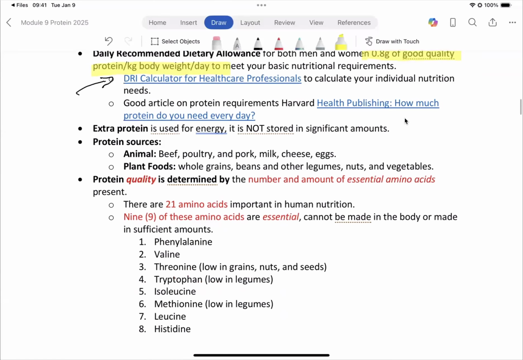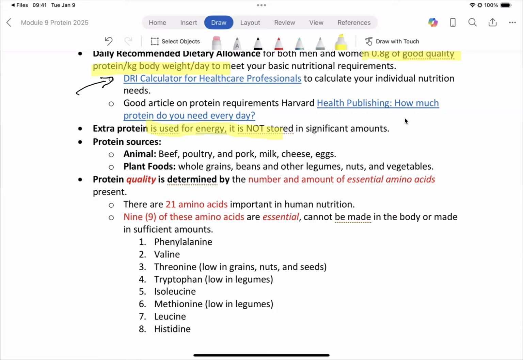If we consume more protein than necessary, we use that extra protein for energy. It is not stored. What I mean by that is it's converted, and it's expensive. It's hard for the body to do this because the nitrogen has to be removed. The liver removes the nitrogen and then the remaining parts are used as calories.